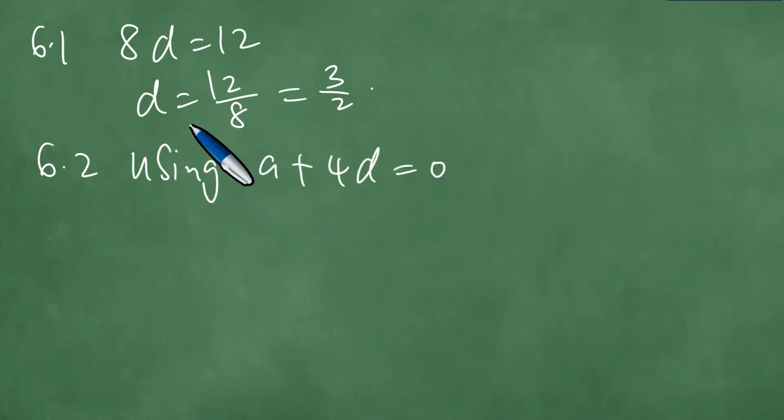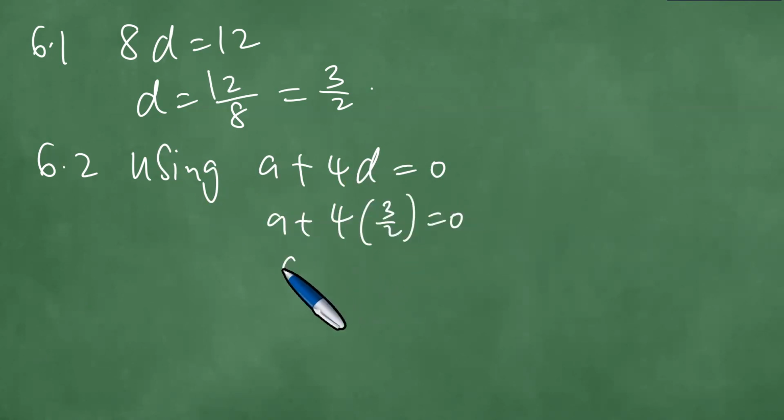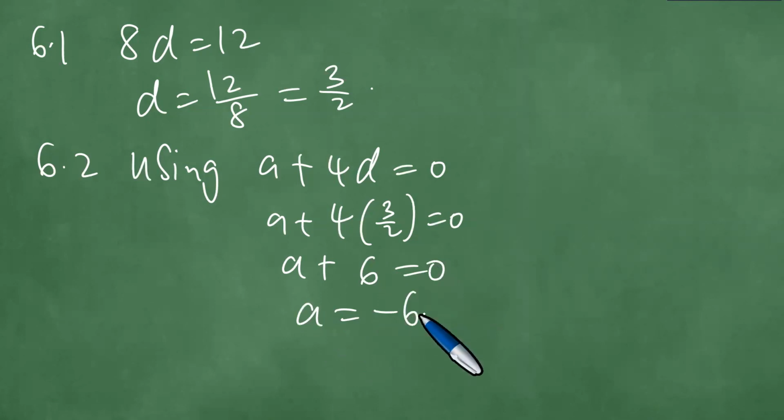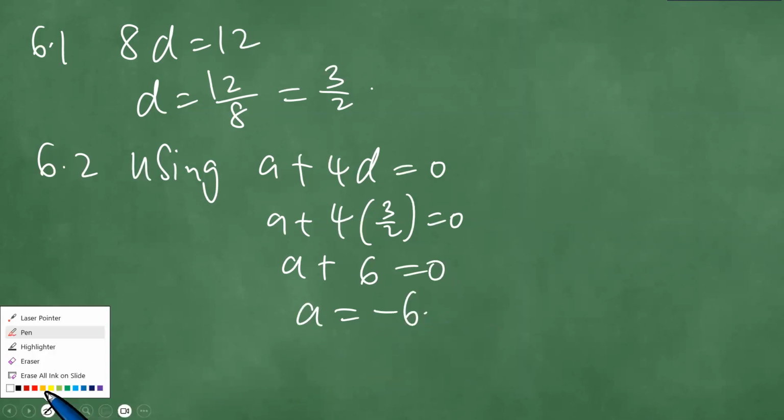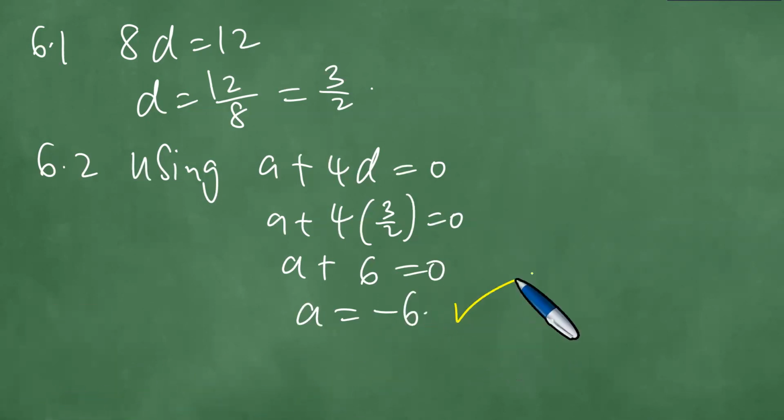You already know d, so a plus 4 times 3 out of 2 is 0, which means in 6.2 a is minus 6.